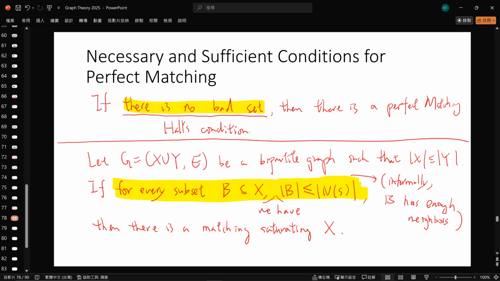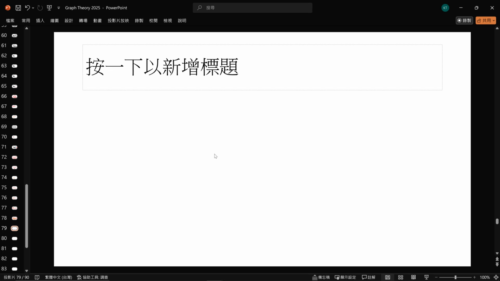Okay, so next we're going to prove this claim. So the setup is that we have a bipartite graph, X is smaller than Y, so visually this looks like this.